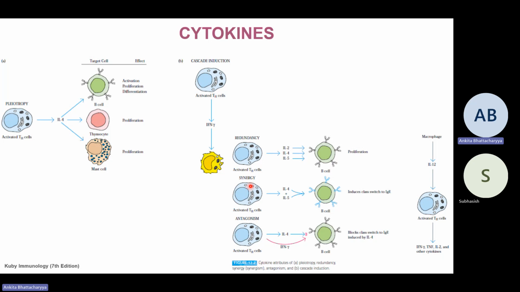Next comes synergy. Synergy, by the definition of the word itself, simply means that if you have a factor X and a factor Y, the effect of the combinatorial action of both factors is much higher than the effect of the individual factors.